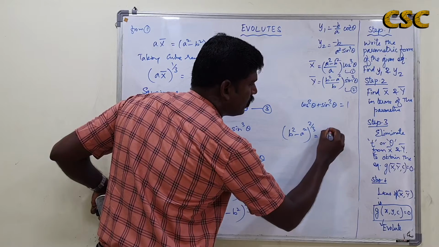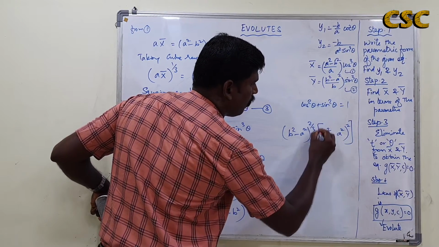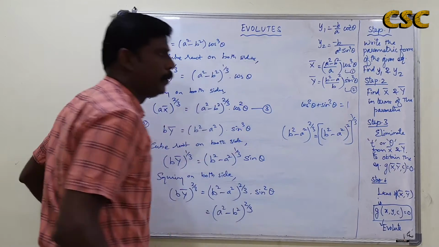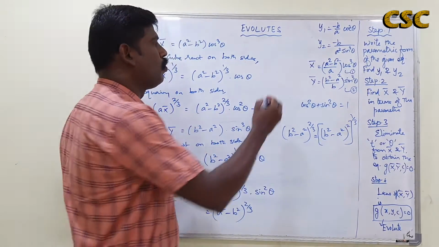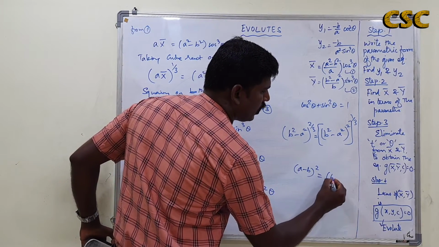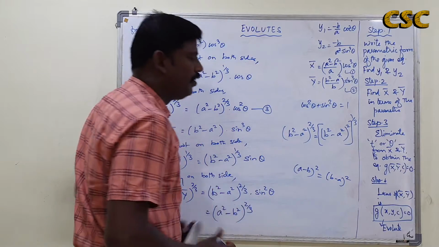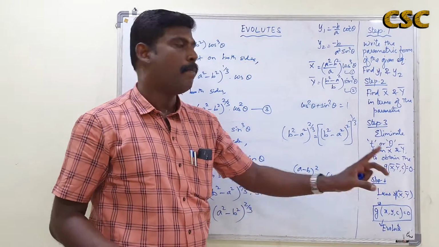This can be written as (b square minus a square) to the power 2, the whole power 1 by 3, isn't it? In square, (a minus b) the whole square is equal to (b minus a) the whole square, isn't it? When we take the square, minus will be eliminated, everything will come to positive.